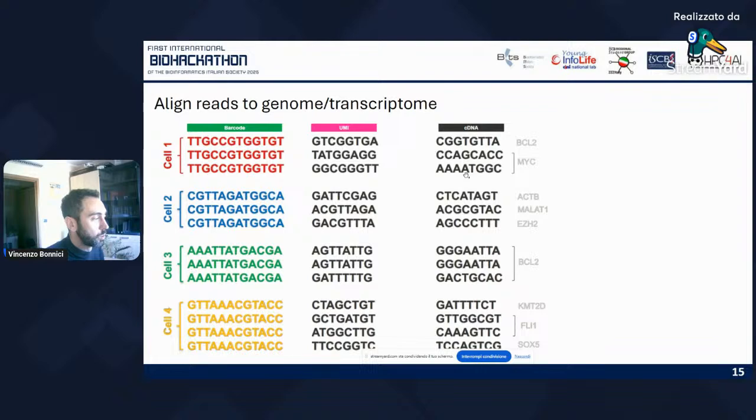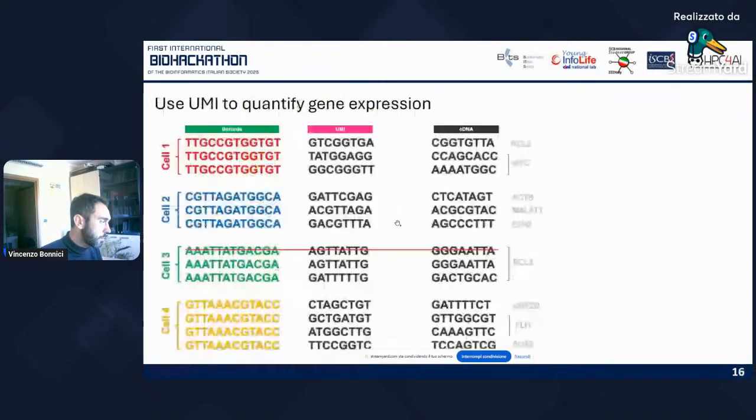number to your data. Then, after the alignment, you want to remove duplicates, and you can do it now thanks to the UMI techniques that allow us to remove these duplicates and deduplicate the data in order to obtain a good, realistic quantification of our genes.